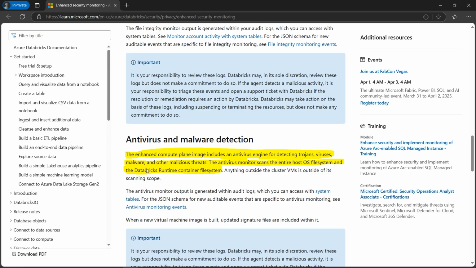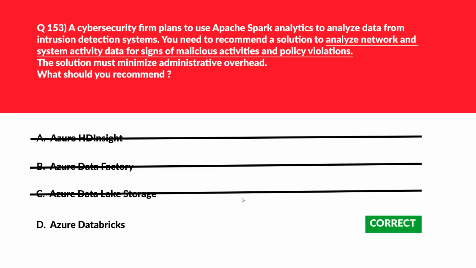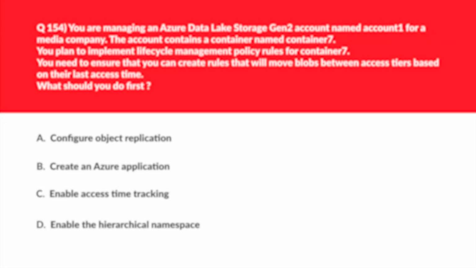And if you look here in the official documentation, it's mentioned the enhanced compute plane image includes an antivirus engine for detecting trojans, virus, malware, and other malicious threats. The antivirus monitor scans the entire host OS file system and the Databricks runtime container file system. So that's what is required. We'll lock option D, Databricks, as the right answer.